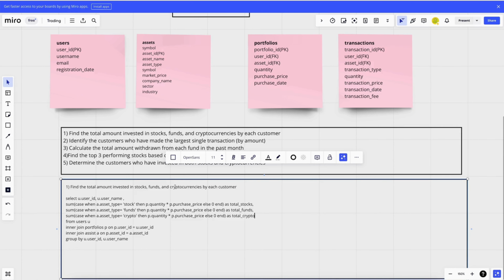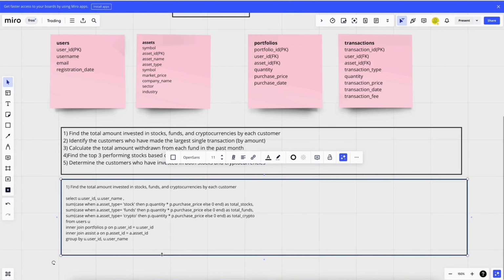So we need to understand how we are going to join these tables. For example, we cannot join user and assets directly because there is no common column here. So it has to come through portfolio. We are joining the user table and portfolio using user ID, and then we are joining our asset ID to the asset table here. So this should be the first problem statement here.